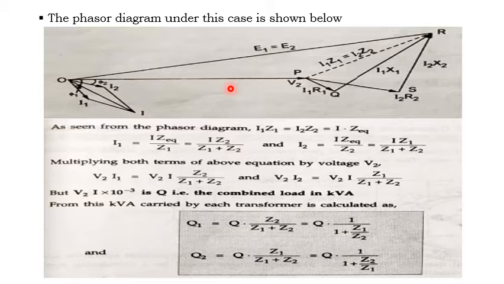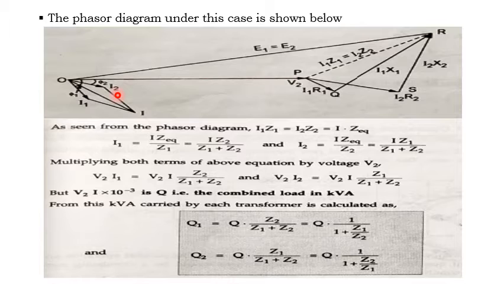Now I consider the secondary voltage, that is V2, as the reference phasor. With respect to V2, I write the no load current, that is I2.